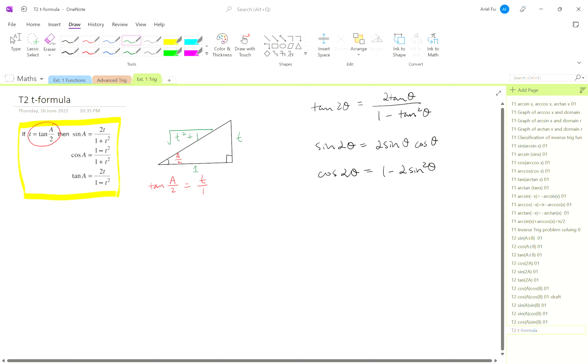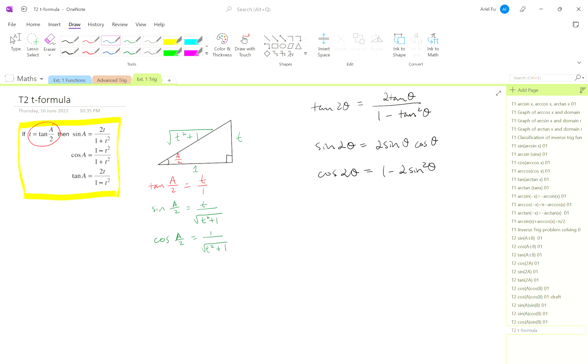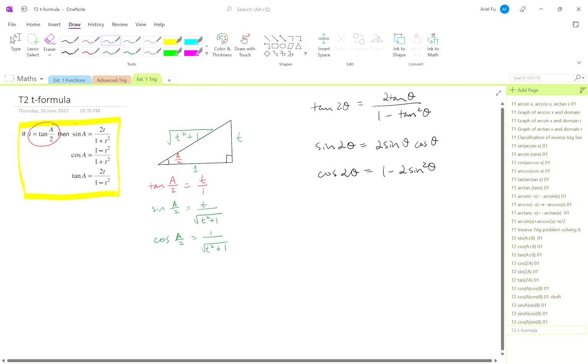Now I can rewrite the sine and cosine functions. Sine A on 2 must be opposite over hypotenuse, and cosine of A on 2 must be adjacent over hypotenuse. Now let's take a look at the rest of it. Sine A, cosine A, and tangent A are equal to those things.